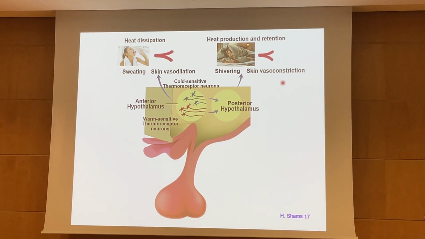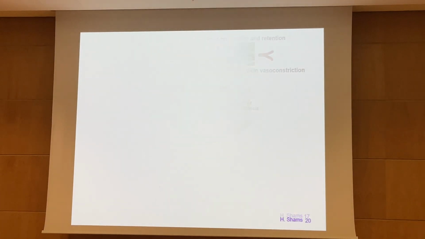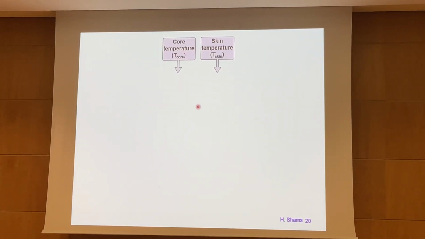Not only these receptors in the hypothalamus, which we call central thermoreceptors, we also have skin thermoreceptors, warm receptors and cold receptors in our skin. And they are shown here. You see the core temperature is measured by central thermoreceptors, and the skin temperature is measured by skin thermoreceptors.